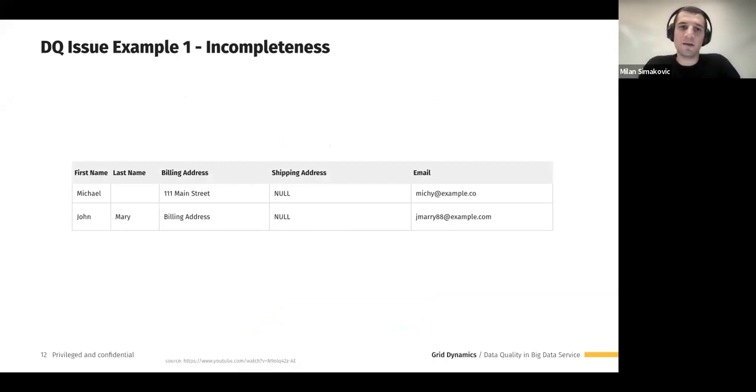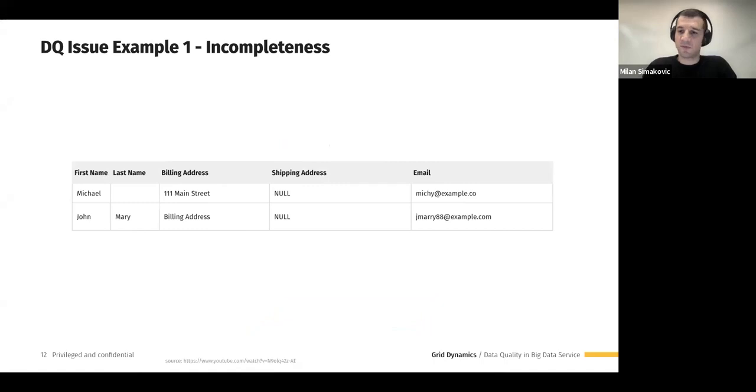So now we are going to go through some very simple data quality examples that will show a couple of different data quality issues. The first issue is related to incompleteness.